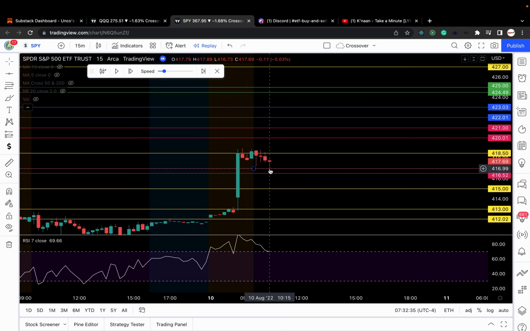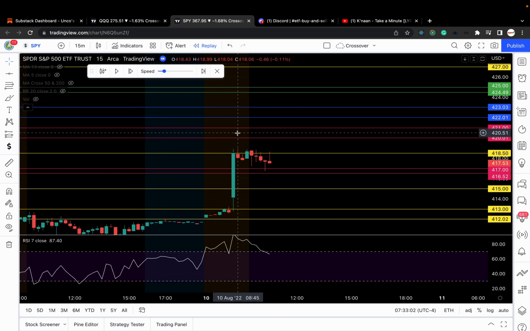But let's say it happened too fast and it bounced. I would still enter as close to 417 as possible, maybe 416, 417.5-ish. I would long around there just because I saw buying pressure. Your entry doesn't always have to be perfect, but I would definitely have entered calls there if I was able to catch that. Let's see what happens.